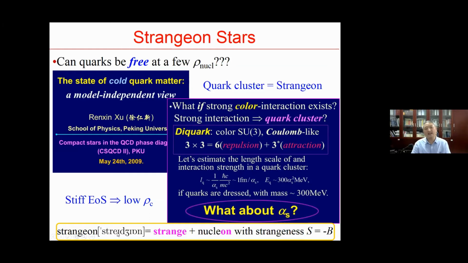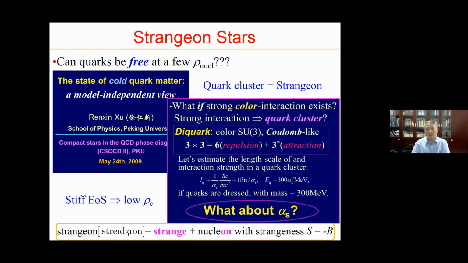This is exactly the idea I showed in CSQCD 2 in 2009, the quark cluster. The reason is, if you introduce color coupling between quarks, then the interaction between quarks at a few nuclear density could not be negligible. Even the interaction between quarks could be much higher than the Fermi energy of free quark matter.